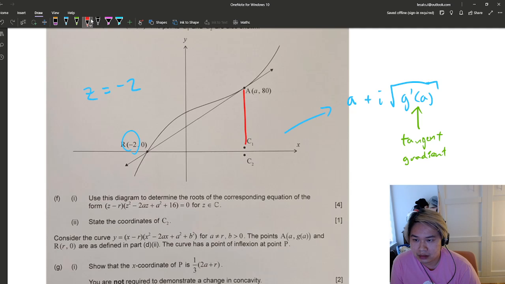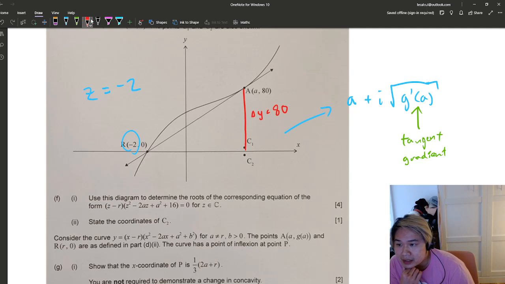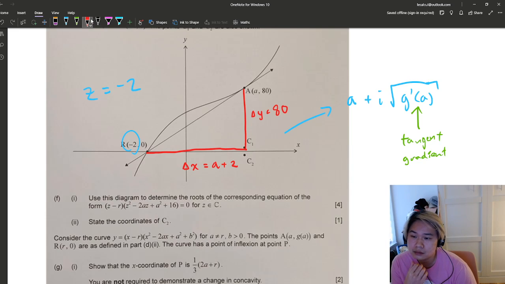Okay, so this has a delta y of 80, and then it has a delta x of basically a plus 2. Okay, so that means we can write this in terms of a as a plus or minus i times the square root of 80 over a plus 2.